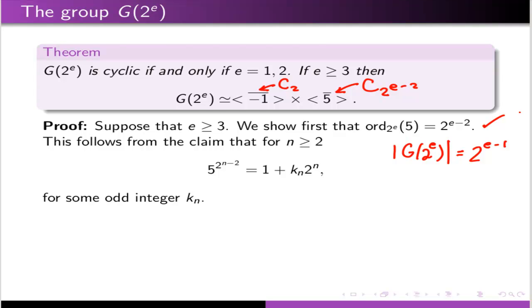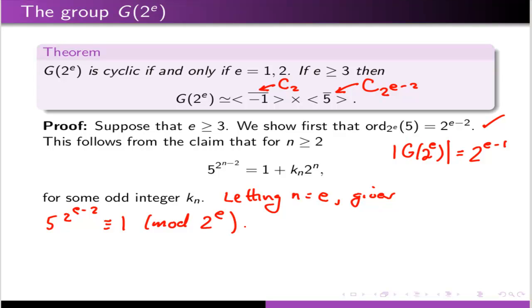So first of all, letting n equal E gives us that 5 to the 2 to the E minus 2 power is congruent to 1 mod 2 to the E. So the order of 5 in our group is a divisor of 2 to the E minus 2.